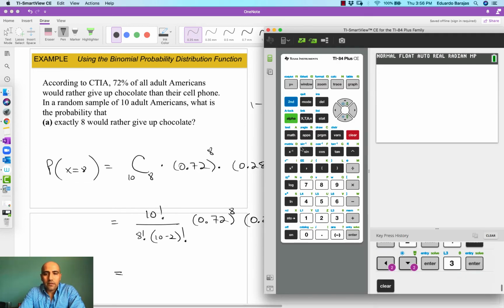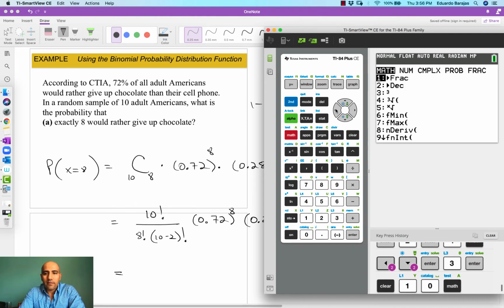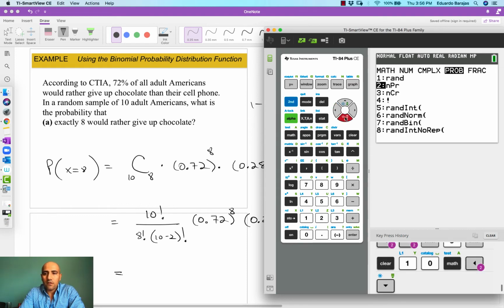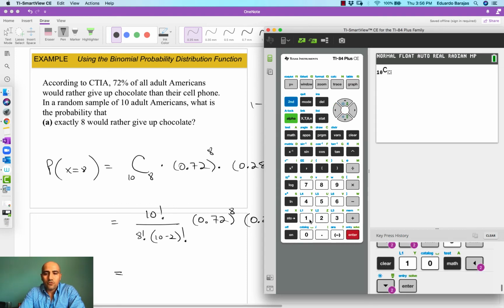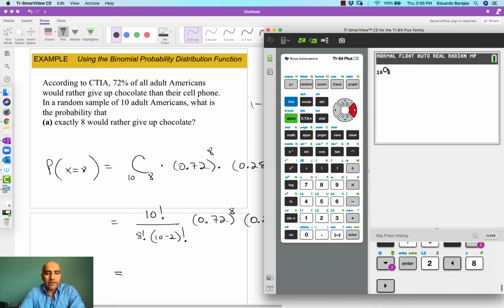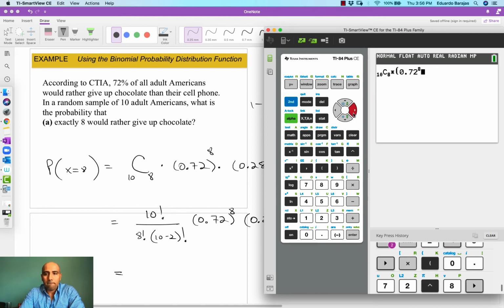So, clear, 10 math, combinations of 10 choose 8. That's going to tell us the number of ways this can happen, and we want to multiply that times 0.72 to the power of 8, times its complement, which is 0.28 to the power of 2.